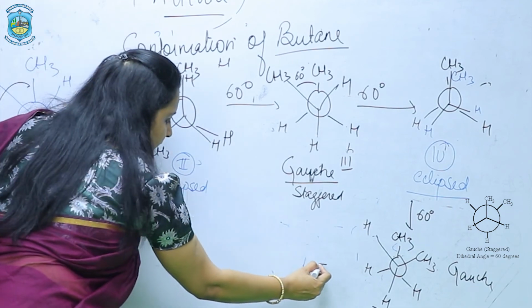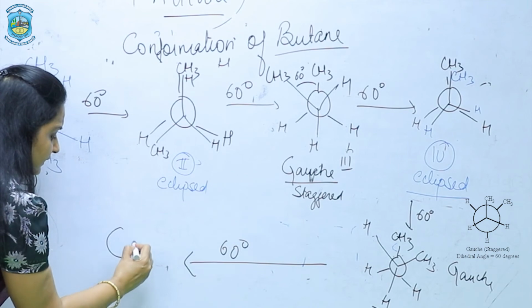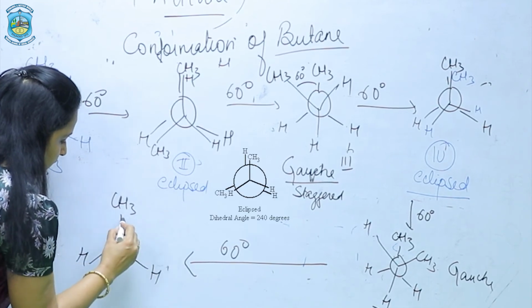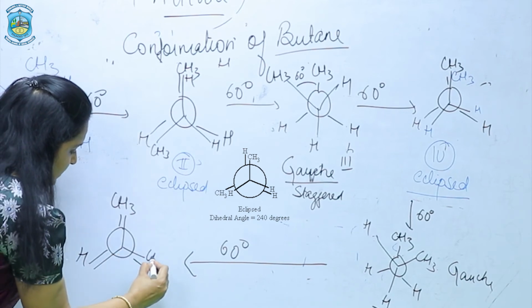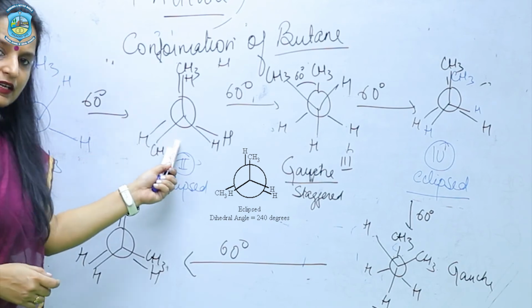Further rotating it by 60 degrees, keeping the back carbon fixed and eclipsing of this group. So, this is somewhat similar to second structure.